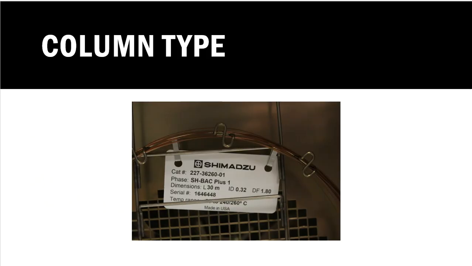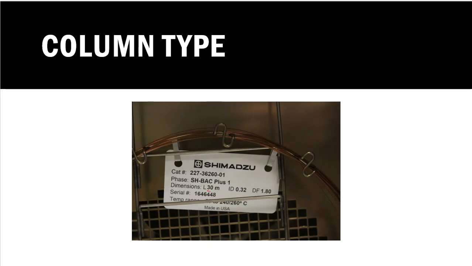So if I go a little bit closer in and take a picture of the tag on the column, this is what you're going to see. It says Shimadzu because we ordered it directly from them. The phase, which is the material that the inside of the tunnel is made out of, is SHBAC +1, whatever that means. Who cares? But you might be asked about it.